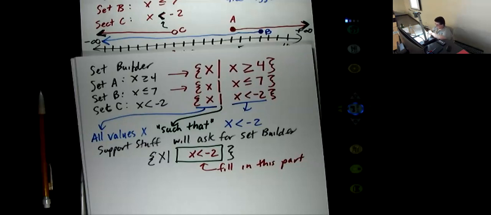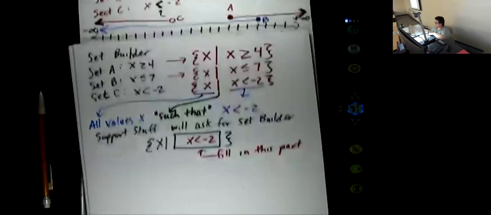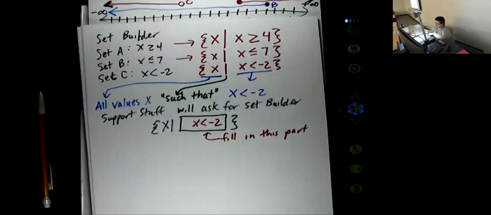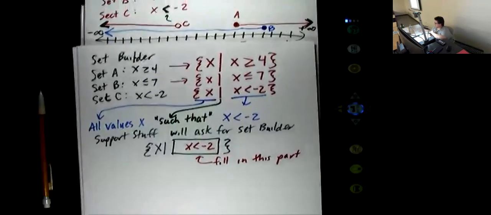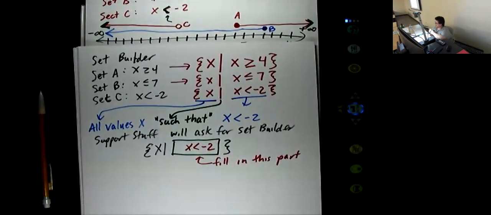All right, that's set builder notation. I will say no more about it because I don't use it. I hate it. It's a waste of time. There's a lot of very stuffy math people who wrote some stupid stuff and it stuck for all time.